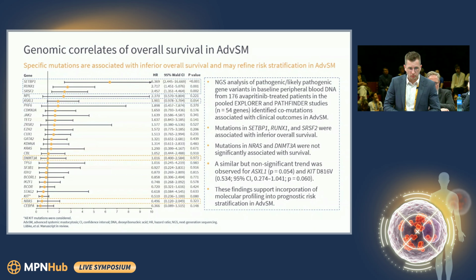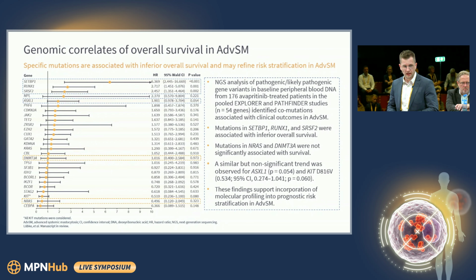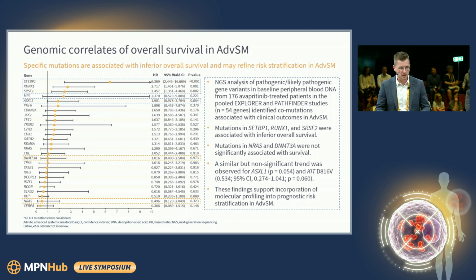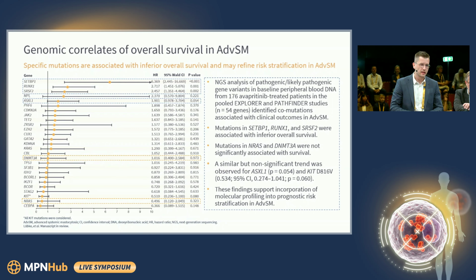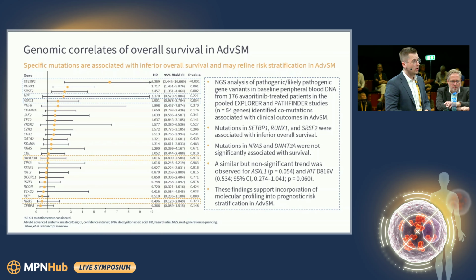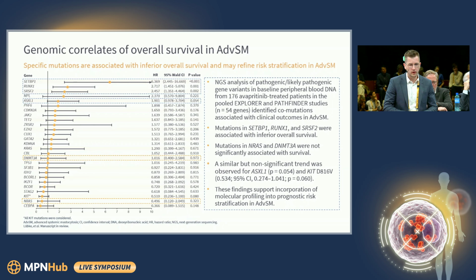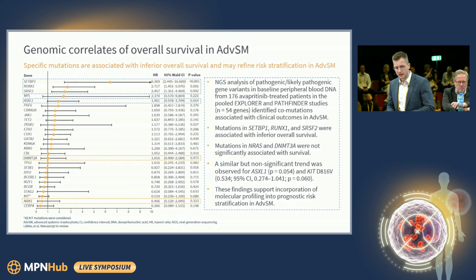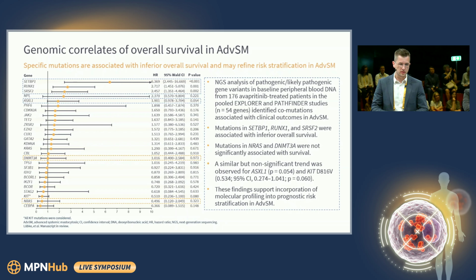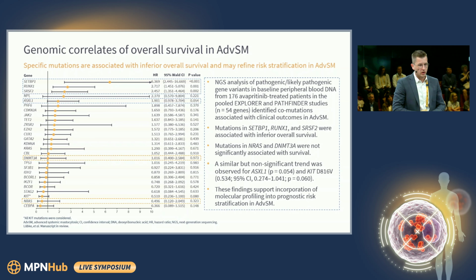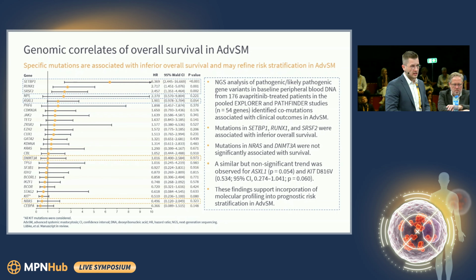But what does it mean for prognosis? We also looked at that in different genes. And you can see that mutations in ZBTB7A, RUNX1, and SRSF2 were associated with adverse prognosis in patients treated with avapritinib. We also checked for mutations in NRAS and DNMT3A.